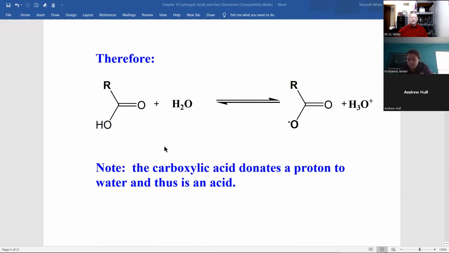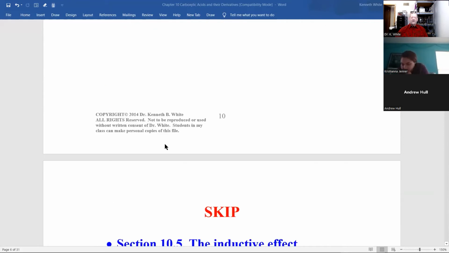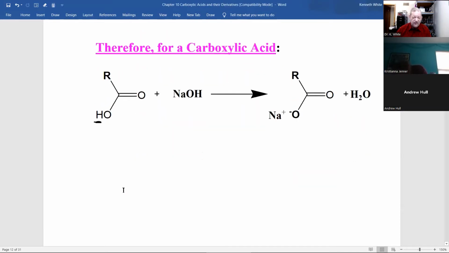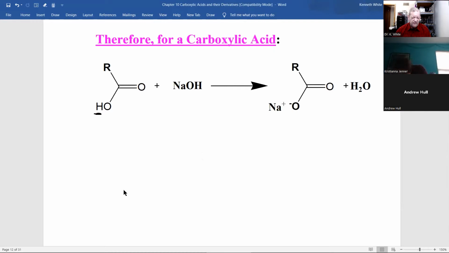And on Monday, I showed you reactions of how a carboxylic acid is a base and the acidic proton in a carboxylic acid is this. And the general reaction I did show you for this one was this.